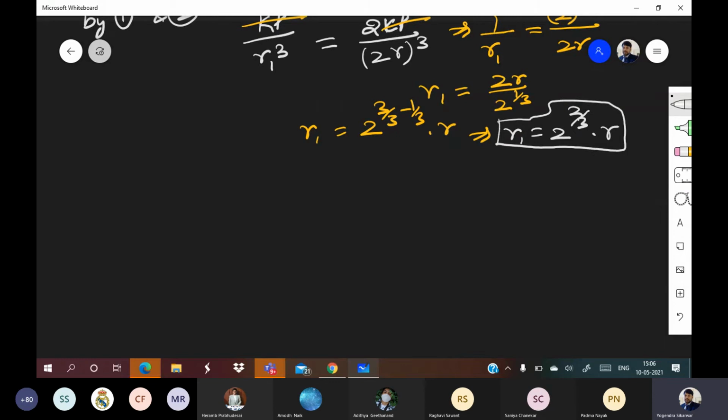This is a dipole of dipole moment 2p. This is another dipole of dipole moment p.